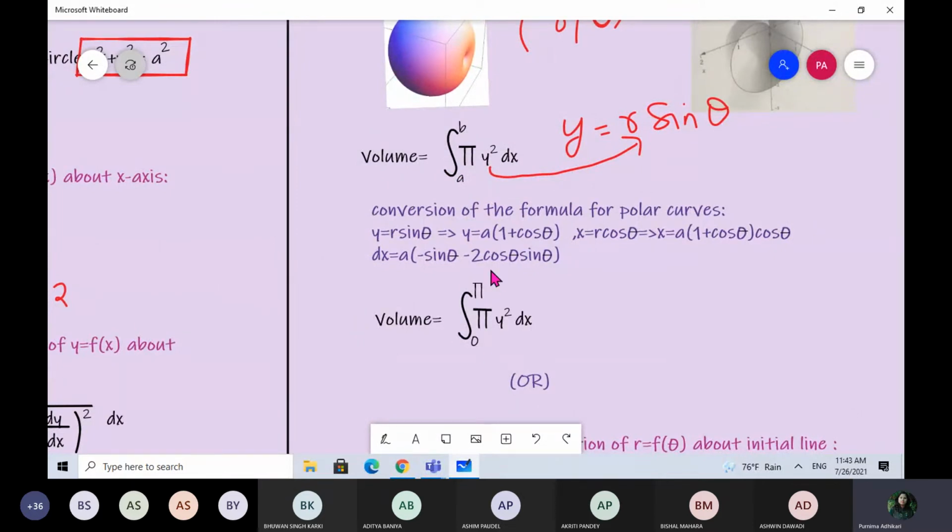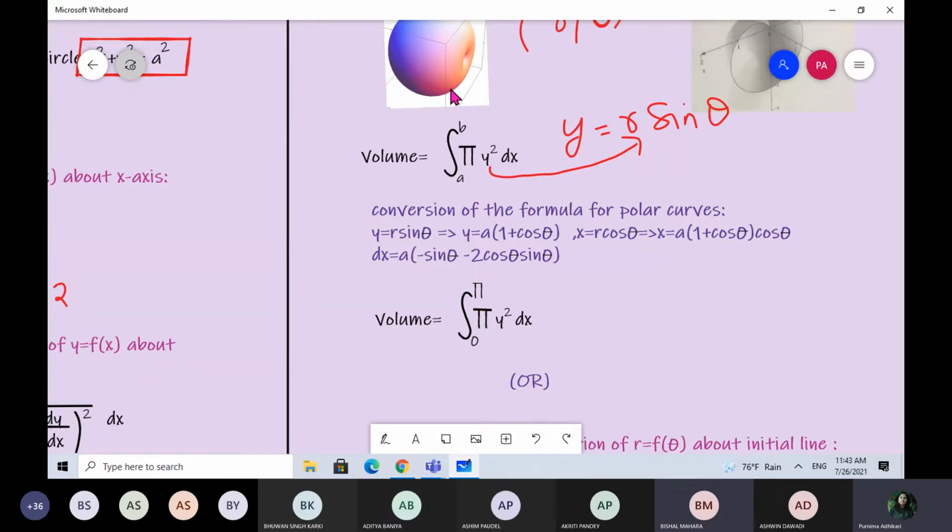With 0 to pi, do you have to multiply it by some constant? Do you have to multiply by 2? How much of the volume are you going to get with 0 to pi? Desired volume? No, ma'am, it doesn't need it.